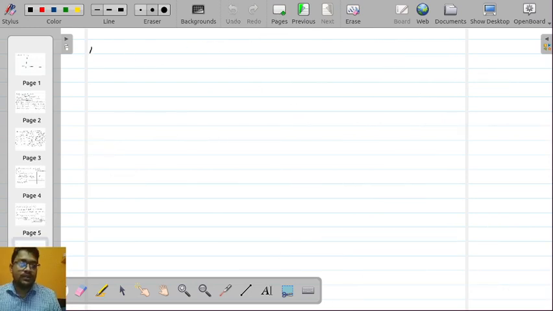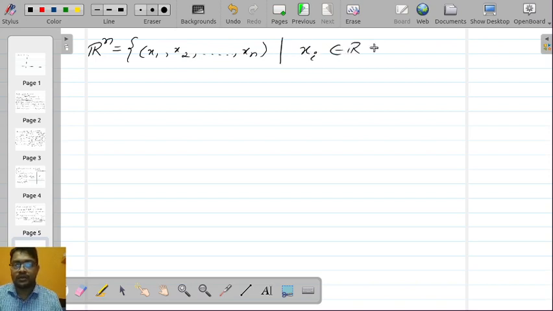In general, we write this as R to the power n. It is the set of ordered n-tuples. That means there are n coordinates here, x1, x2 up to xn. We write it this way: xi belongs to R for all i equal to 1, 2 up to n.